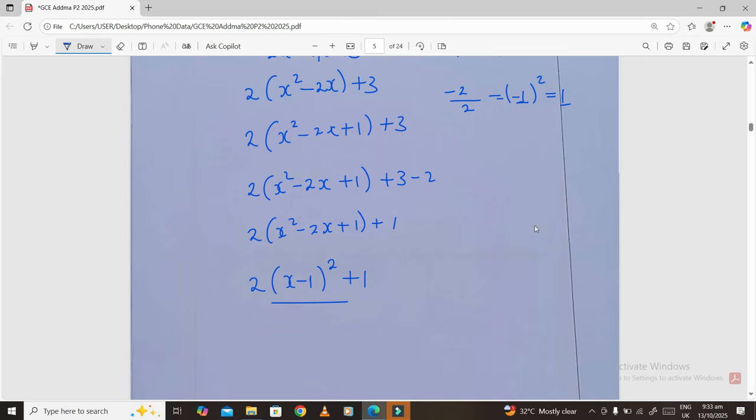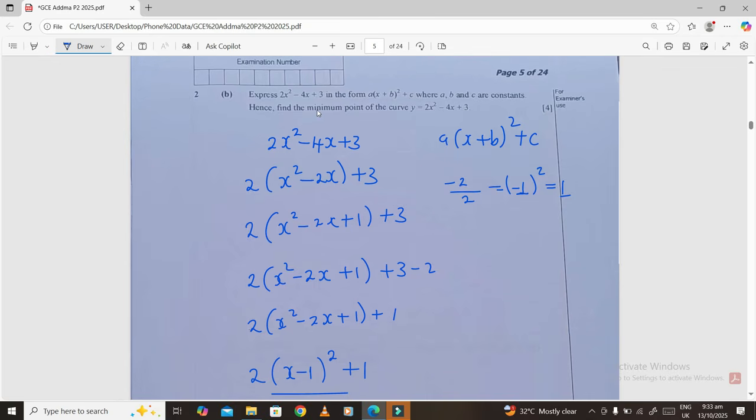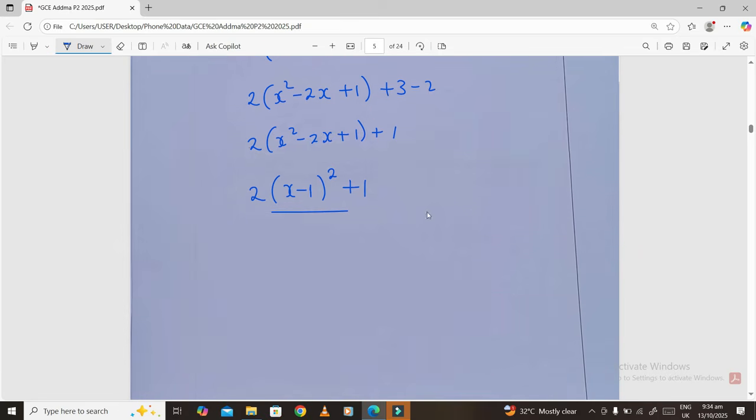Okay? And for the minimum, okay, for the minimum value of y, here this is where now you just say, okay, the maximum value of y, or the minimum value of y would be just this, the turning point.